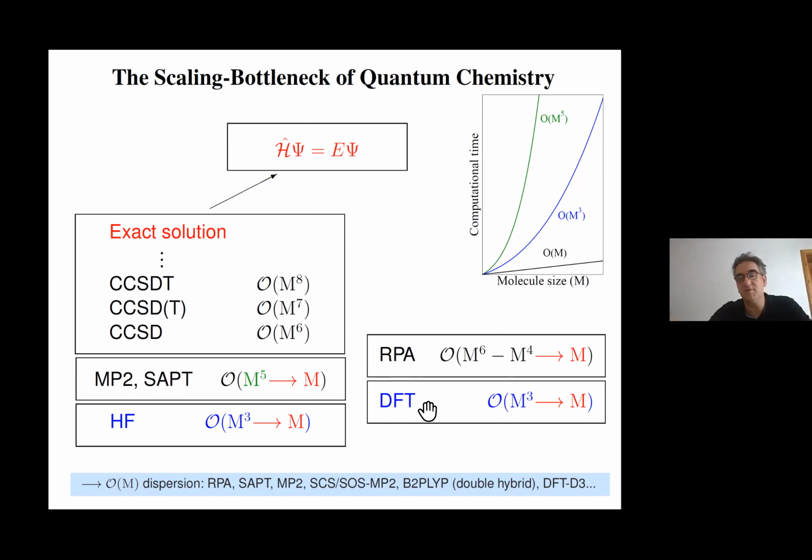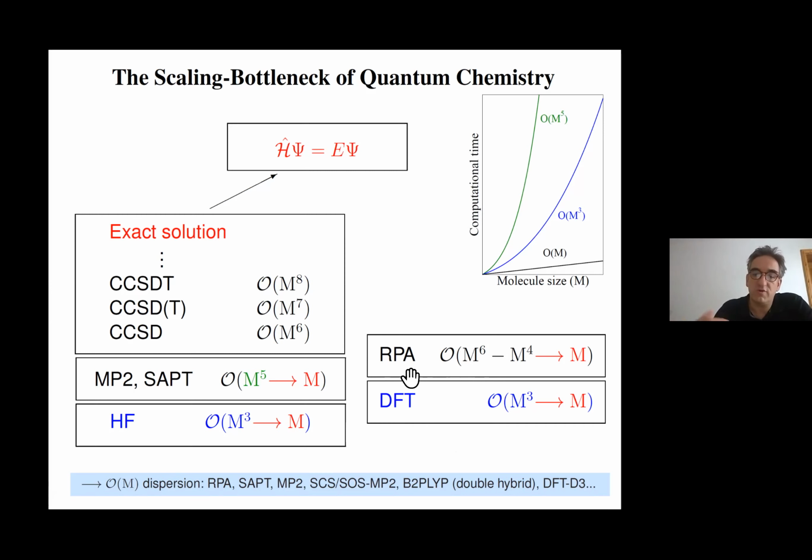In principle, it could be exact, but the exchange correlation functional is an unknown, and in this way lacks the direct connection to the Schrödinger equation. But there is, for example, the random phase approximation, which also improves upon DFT. It's an N to the 6th scaling method. And in my talk, I will show you linear scaling methods for Hartree-Fock, DFT, MP2, and RPA.